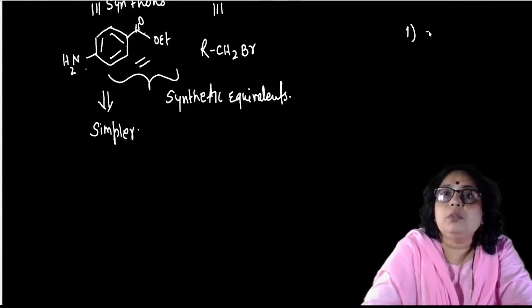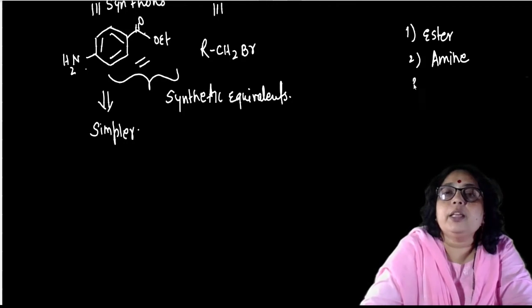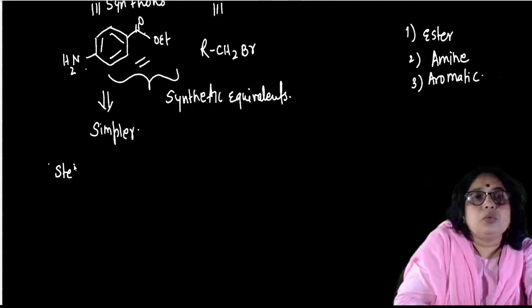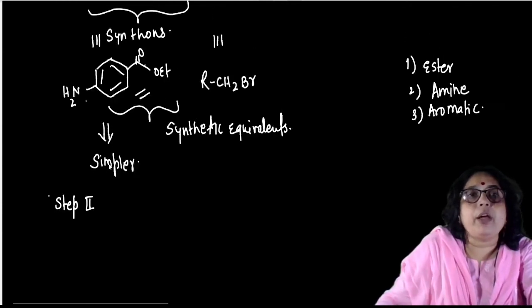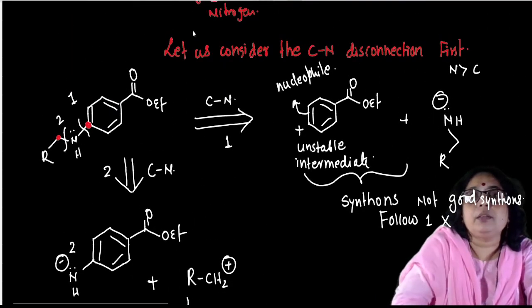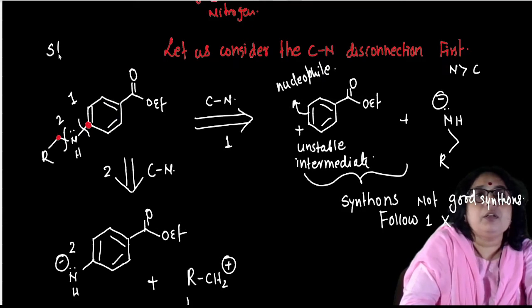Functional groups, what I can see: the ester, the amine, and the aromatic ring. Step 2, this is step 1. CN disconnection will be your step 1.